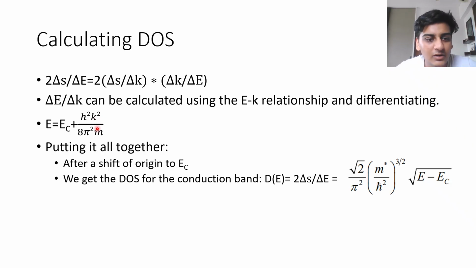I gave you a classical gut check of this by talking about the sum of kinetic energy and potential energy. We had seen it in a previous module. We can just differentiate this relation and get delta K by delta E in terms of energy. I will leave the justification of that calculation to you, but the point is that it's something you can do, and then just multiply that with what we got in the previous slide for delta S by delta K.